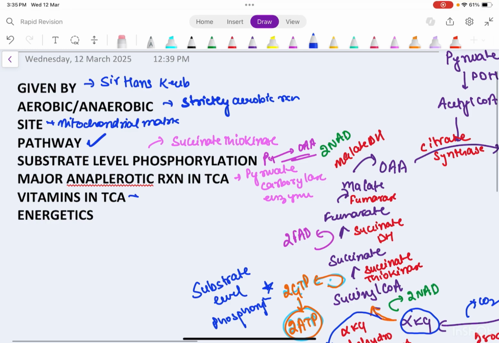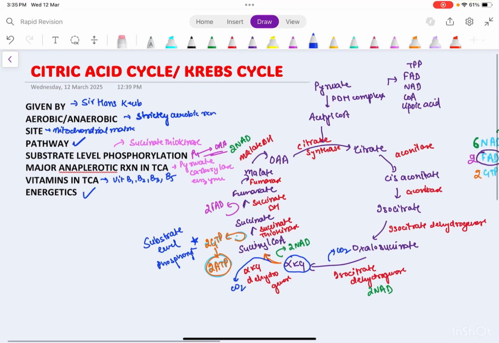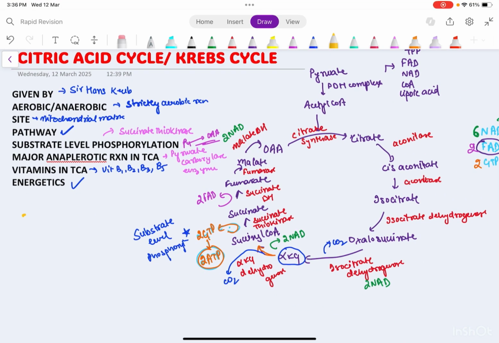Then vitamins involved in TCA are vitamin B1, B2, B3, B5. Energetics I have done, and now just let's go through the activators and inhibitors. So basically the enzyme and the inhibitor.